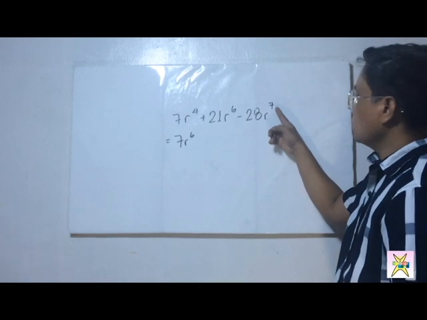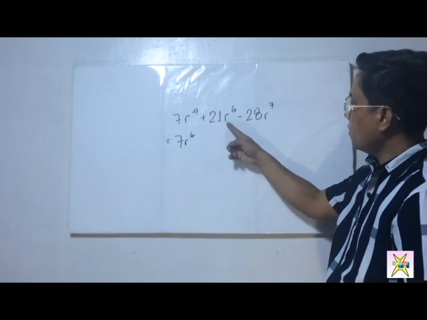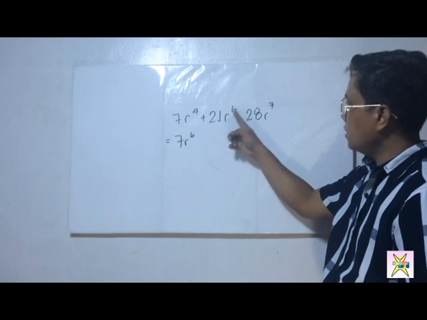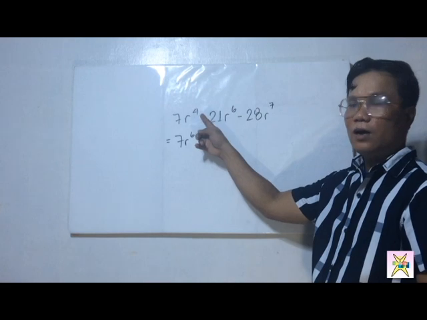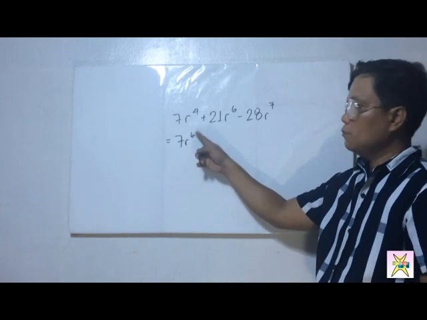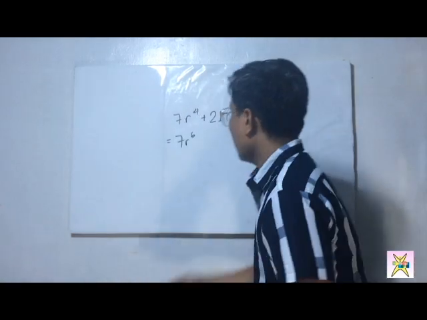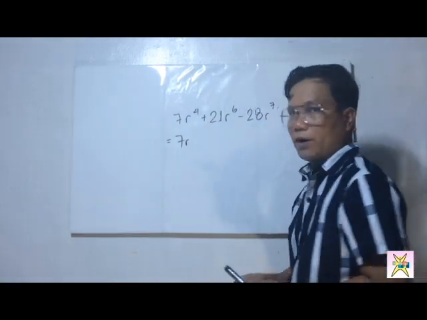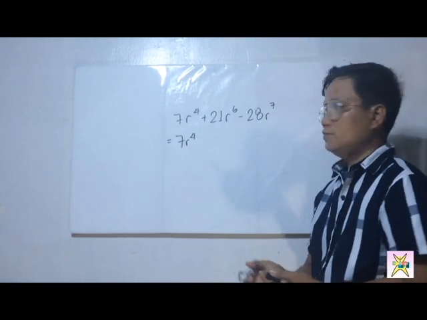Here we have r raised to the 7th power, so yes, we can use 6. How about here, r raised to the 6th power? Yes. But in here, we can't have r raised to the 6th power because 4 is smaller than 6. That's why we only have 4.